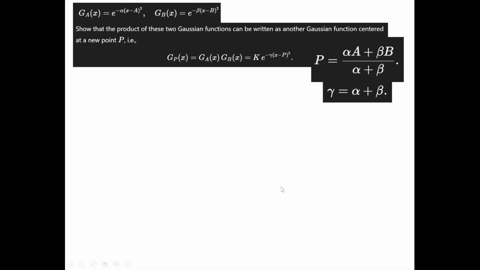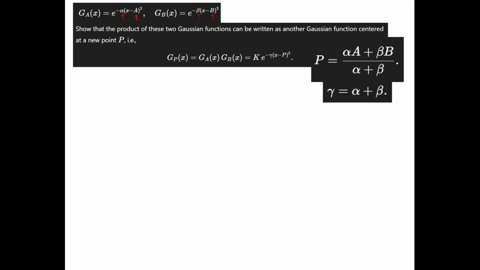So here is the problem statement. The statement goes like this: you have a Gaussian that is centered on A and the exponent is alpha, and you have another Gaussian which is centered on B and the exponent is beta.